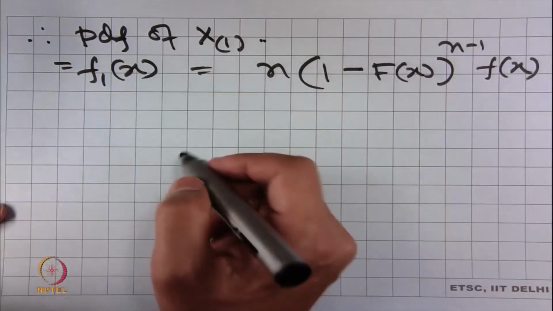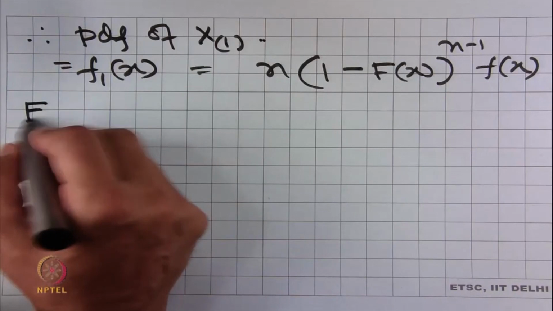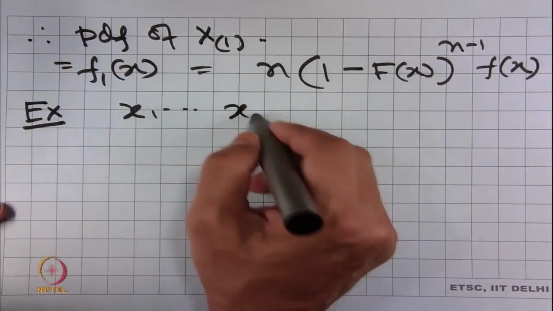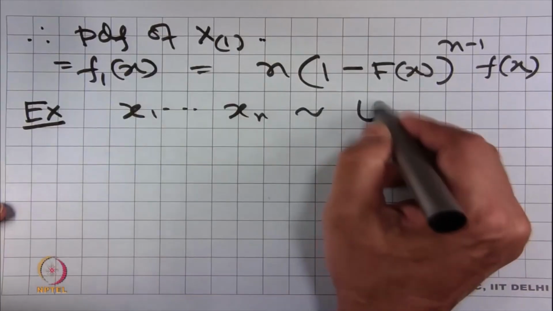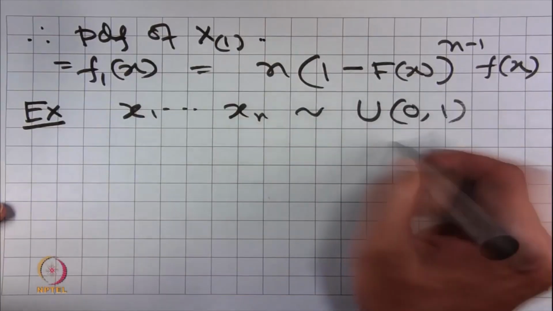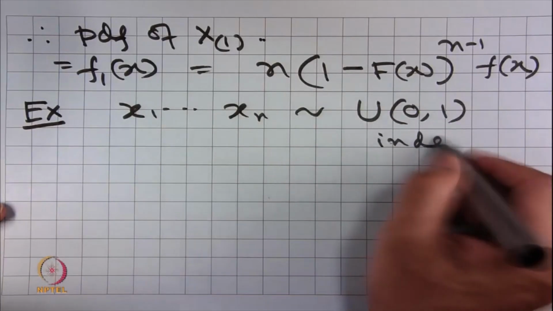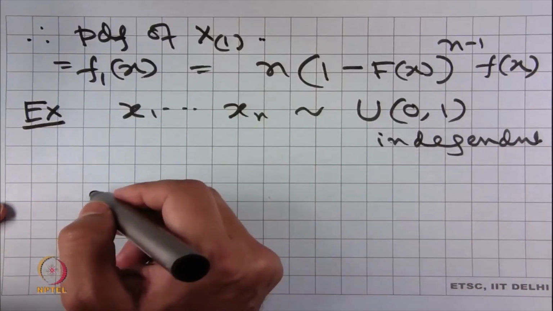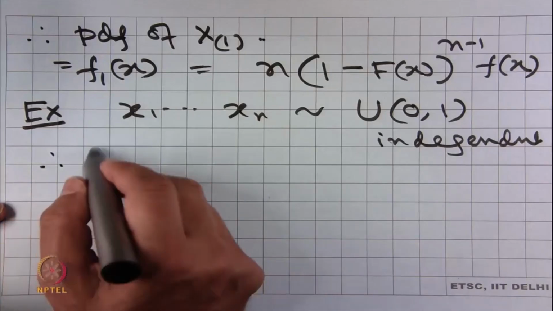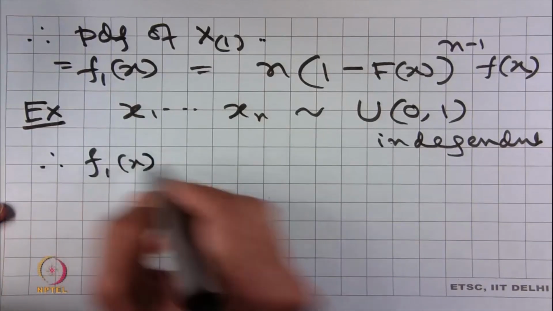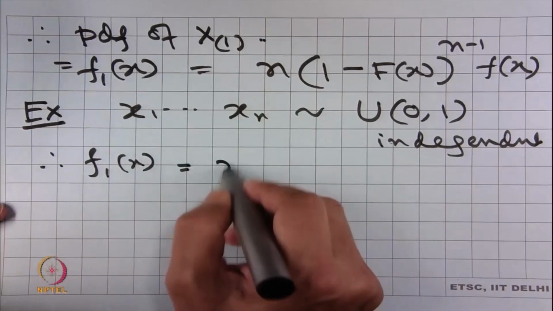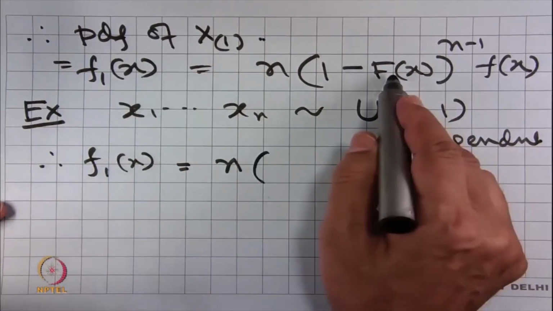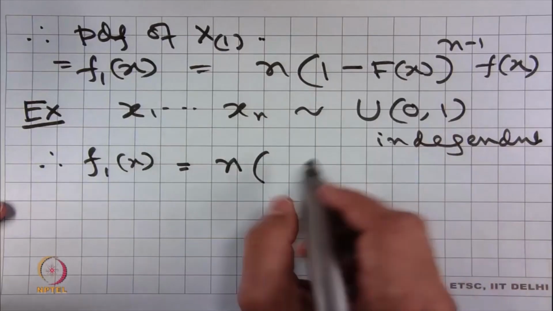Therefore, example: x 1, x 2, x n are from uniform 0 1, independent. Therefore, f 1 x is equal to n times, what is F x? F x is x for uniform 0 1.